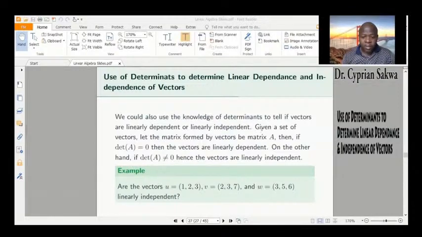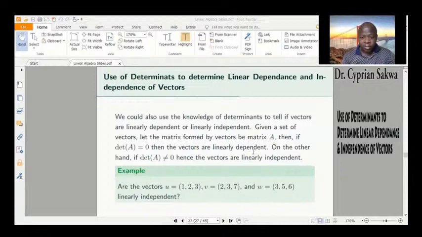So given a set of vectors, let the matrix formed by the vectors be matrix A. When do we say that the vectors are linearly dependent? We say that the vectors are linearly dependent if the determinant of that matrix A is 0. But if the matrix gives us a non-zero determinant, then the vectors will be linearly independent.